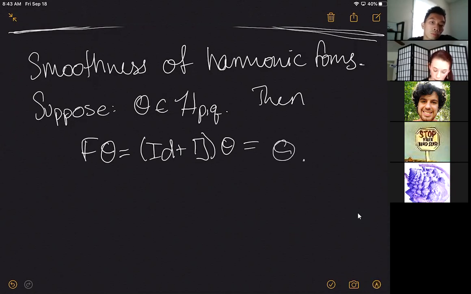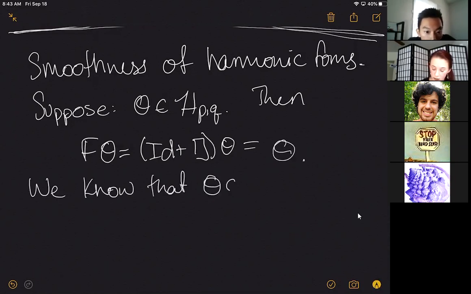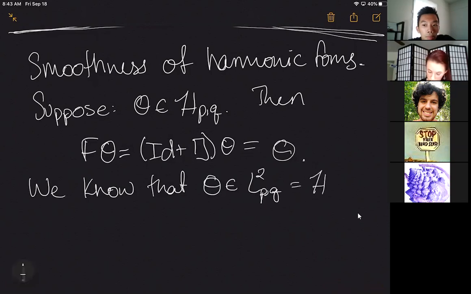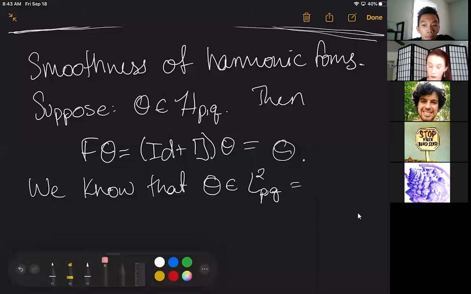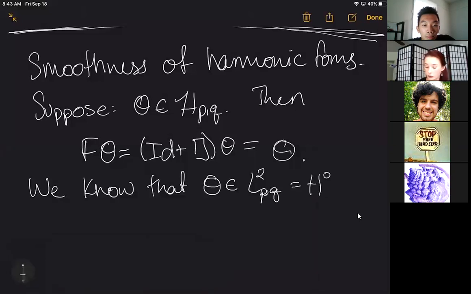So we know that theta is L2, which implies that theta is also in H0, sorry, not script, so this is equal to H0, PQ.